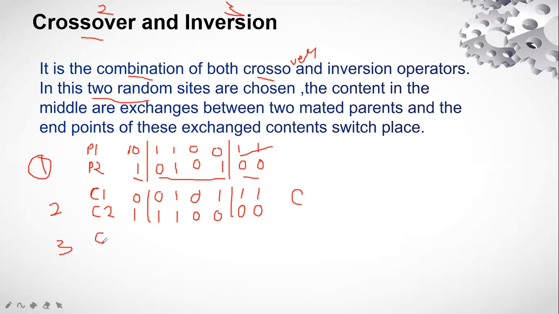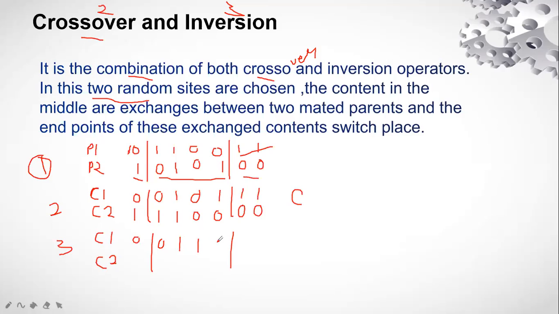Now we have C1 and C2. What happens here? C1 is 0, 0, 1, 0, 1, 0, 0, 1. What I can do is invert these two bits. I am going to select randomly again and invert these two bits.